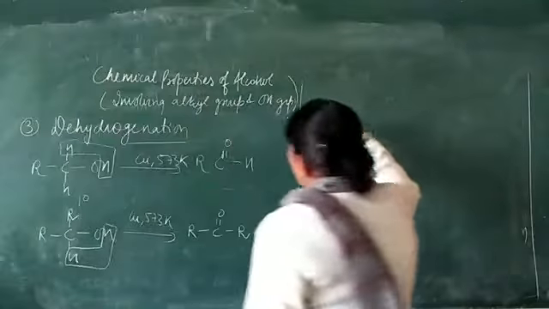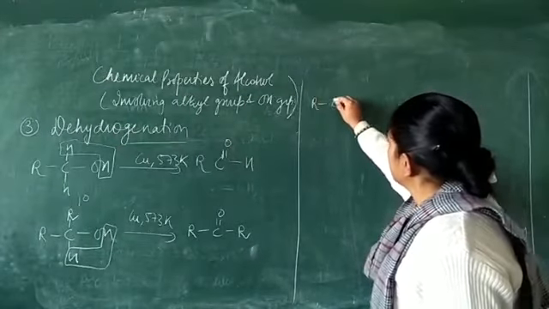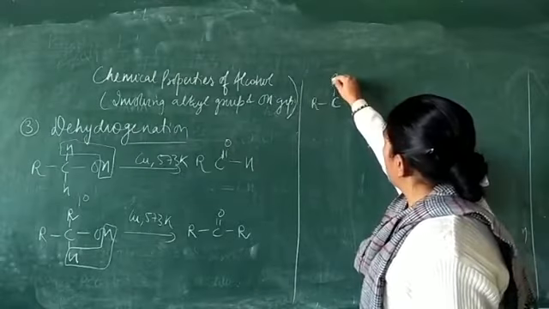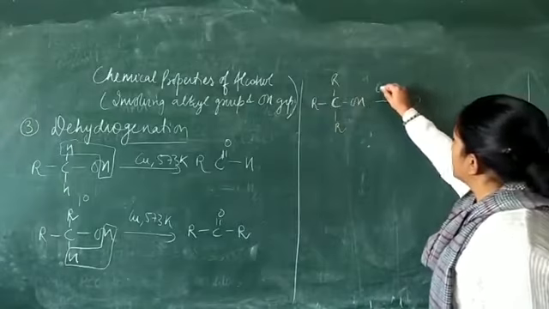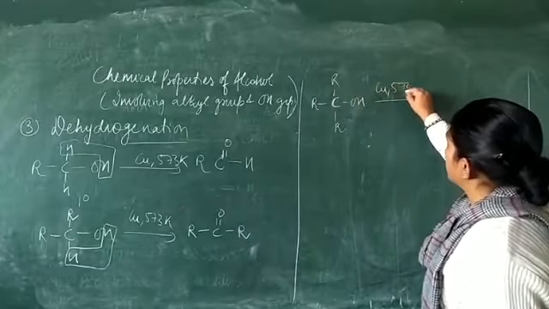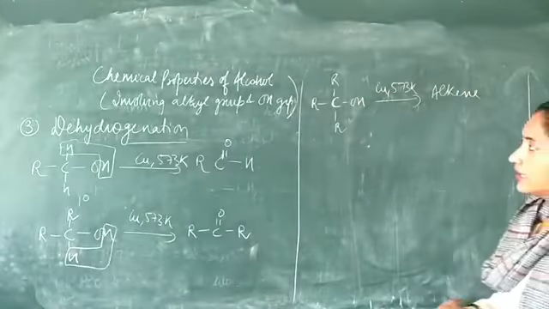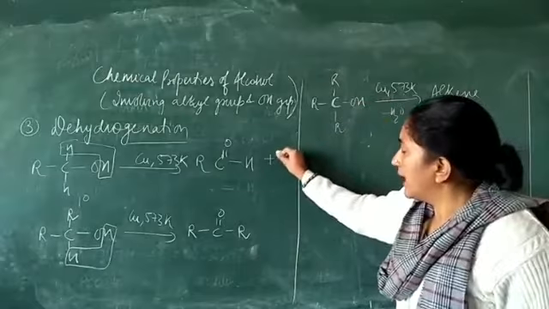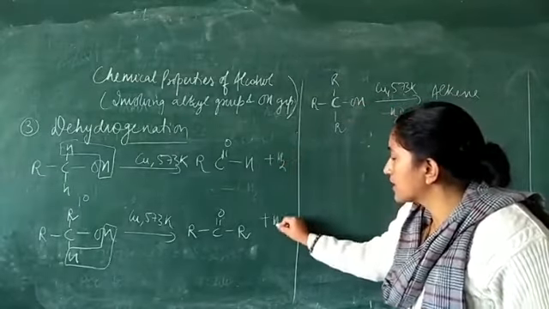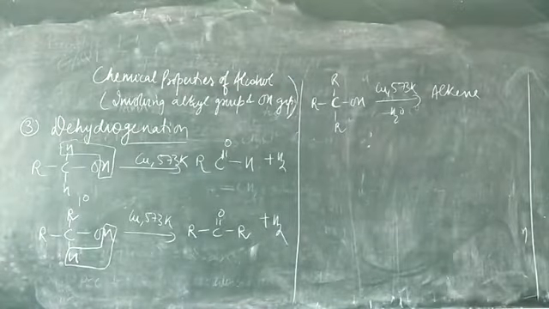Now, if we have a tertiary alcohol, in presence of copper at 573 Kelvin, students, we will get the alkene here. Here there will be removal of water. In the other two cases, hydrogen is getting removed, but in case of tertiary alcohol, students, water gets removed.